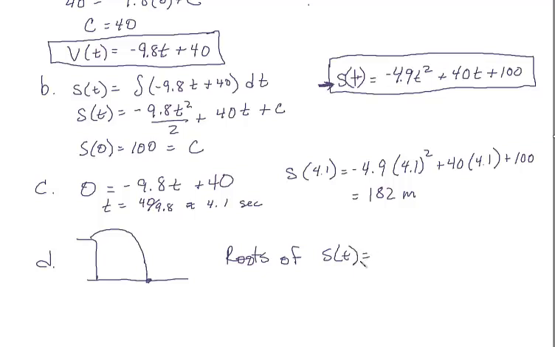I can do this a number of different ways. I could use Newton's method that we learned earlier. I could use the quadratic formula, because this is just a quadratic. They don't specify, so I could use my calculator's numerical capabilities, which is what I'm going to do.